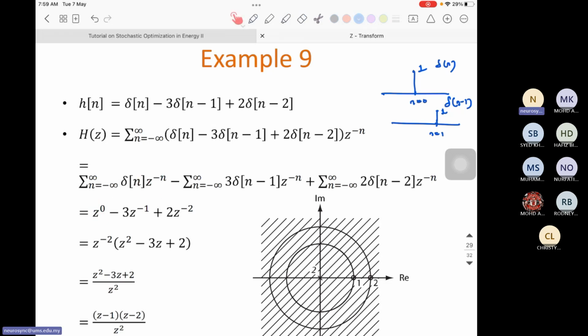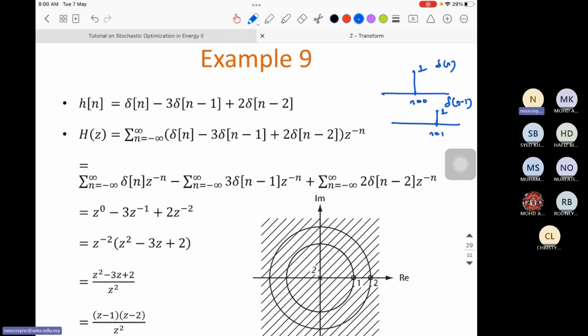Okay. Minus, this will exist only at n equal to 1. Therefore, this magnitude is 1, so 3 into 1, and this is z to the power minus 1. Similarly, this term is 2 into 1 for n equal to 2, therefore z to the power minus 2. Okay.